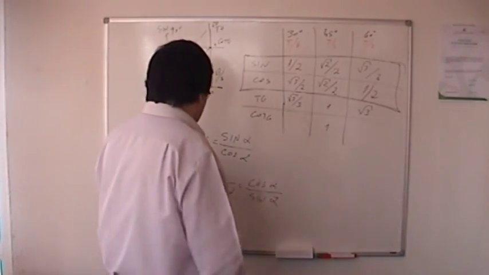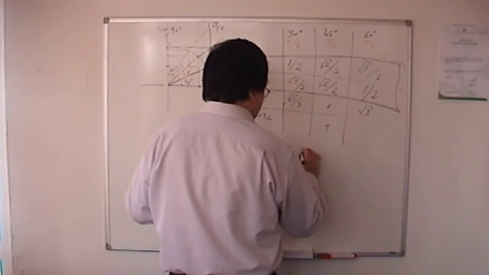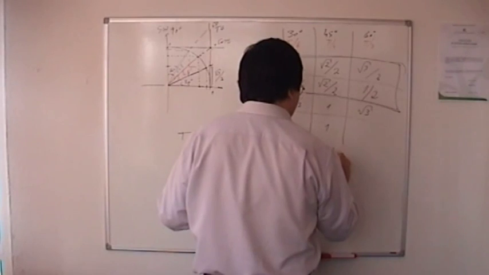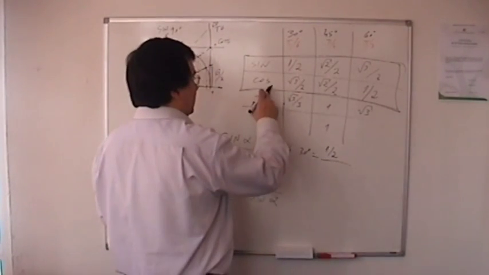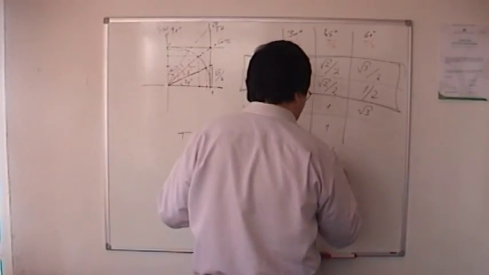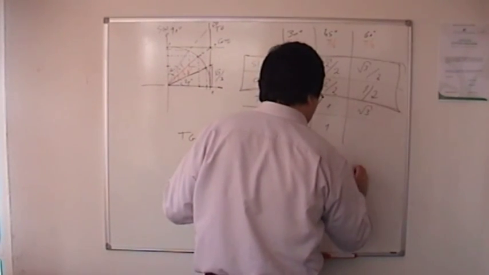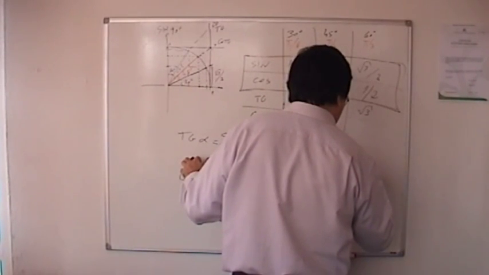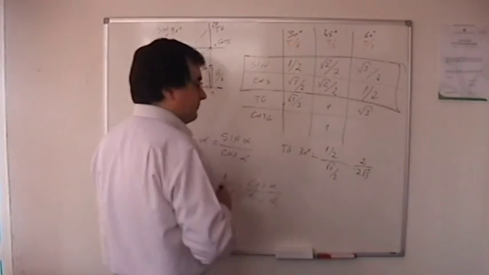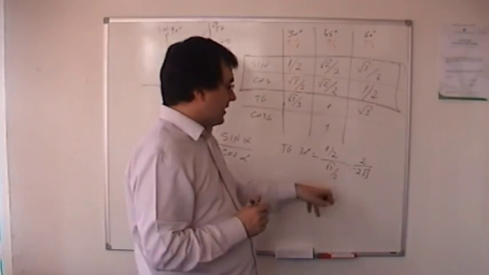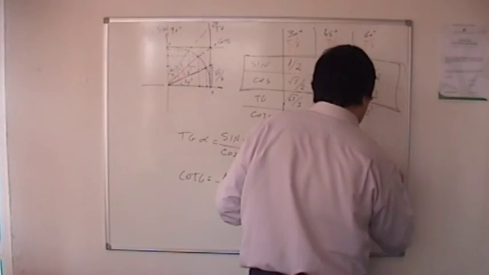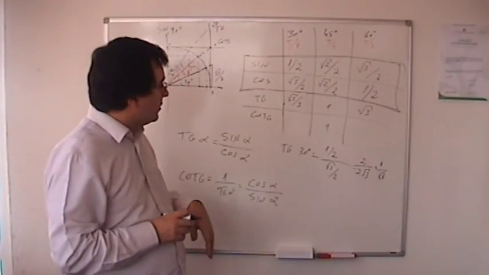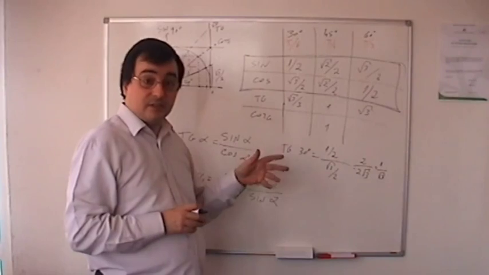In fact, for 30 degrees, you will have the sine of 30, that is 1/2, divided by the cosine, which is square root of 3 over 2, and this will give you 2 over 2 times square root of 3. So you can say, hey, but this result is 1 over square root of 3. It's not the same as square root of 3 over 3, is it?